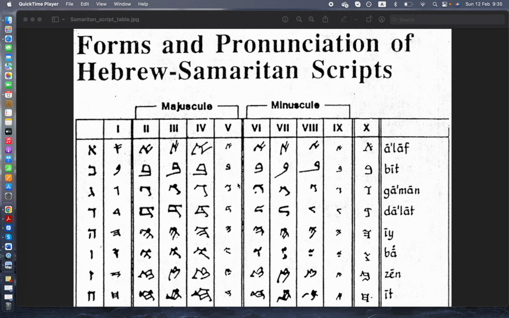If you ask a Samaritan who they are, they will tell you, we are the descendants of the original 10 tribes. We are from the north, and we've always been here. We hold the true interpretation, the true version of the Torah, and they perceive Jews as their brothers.